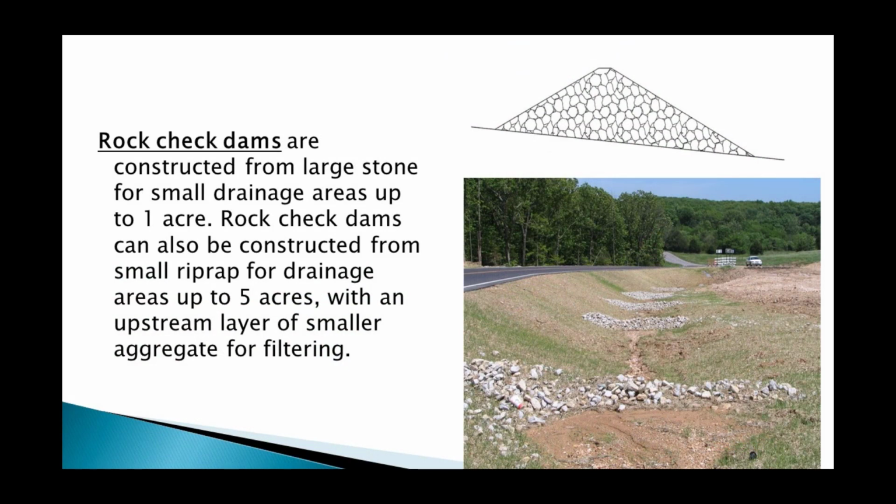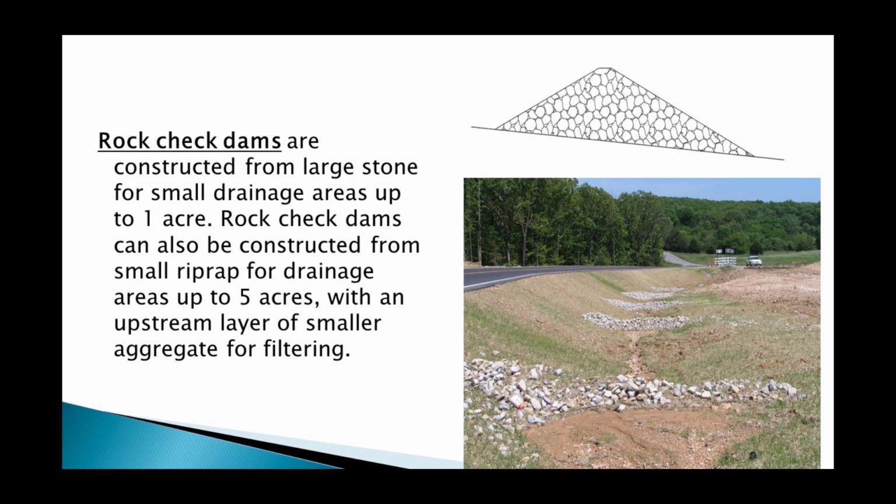Rock check dams, you will see some of these on the construction sites for the pipelines. They are constructed from large stone for small drainage areas up to 1 acre. They can also be constructed from small riprap for drainage areas up to 5 acres, with an upstream layer of small aggregate for filtering.